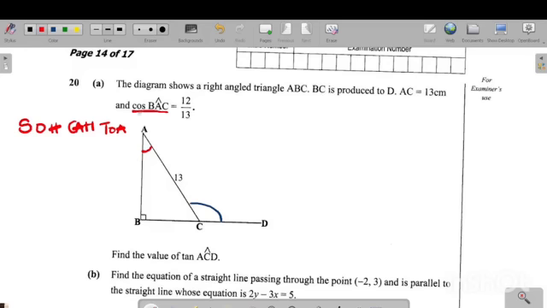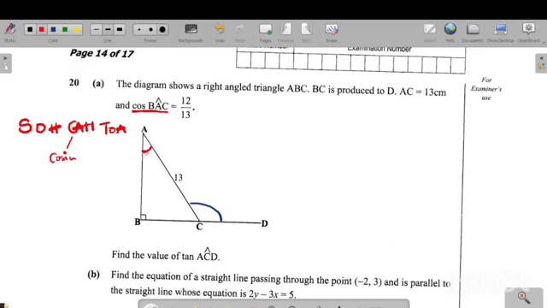Now because they are talking about cosine in our SOHCAHTOA, we'll go to where there is CAH, and the C here is symbolizing cosine. Cosine is equal to adjacent over hypotenuse.